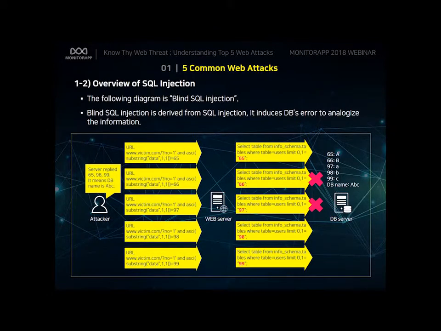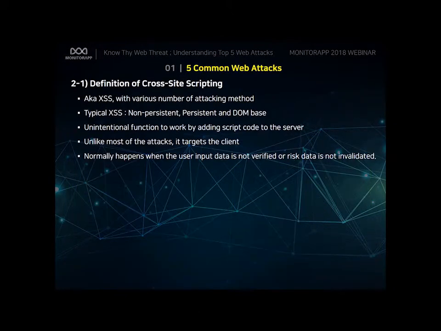Based on these results, the attacker can guess the name of the data is ABC. Although the below diagram is described one by one, in an actual attack, a lot of values are transmitted using automated tools to collect the information with combination.